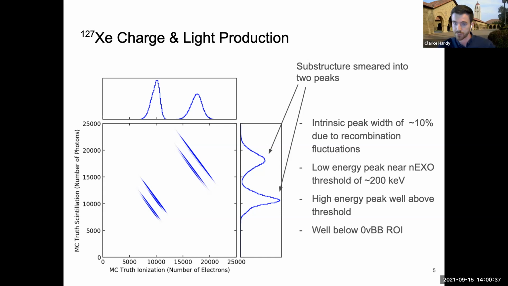The lower peak is around 200 keV, which is close to the projected threshold that nEXO will operate at, so we're not really interested in that one. We're more interested in the 400 keV peak that is both well above the threshold, but also below the region of interest for our neutrinoless double beta decay search.